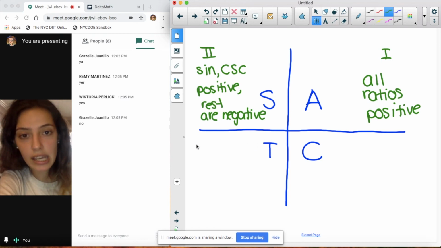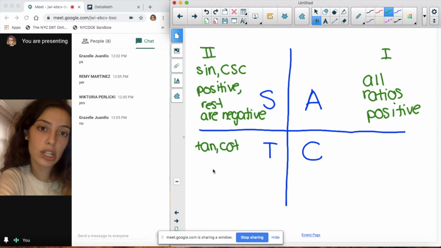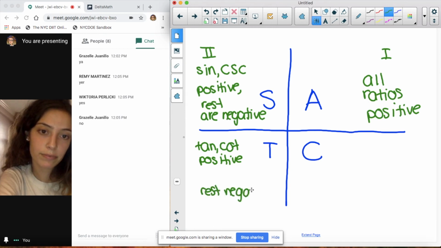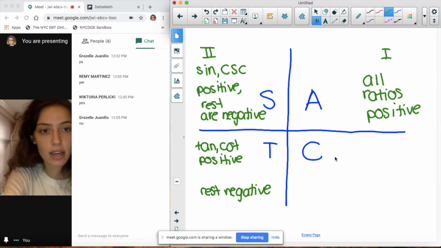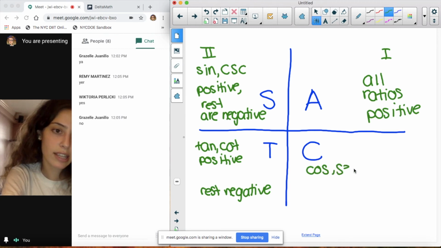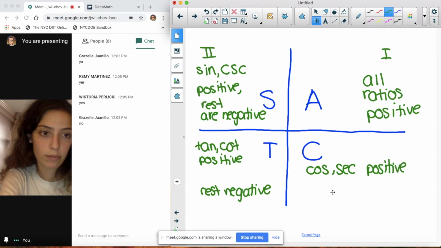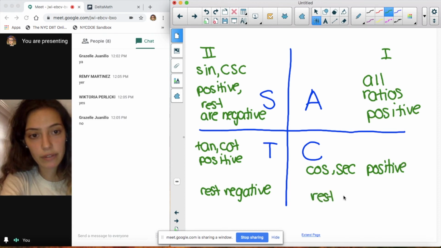In the T, that tells you that tangent and cotangent are positive, and the rest are negative. And with the C, that tells you that cosine and secant are positive, and the rest are negative.